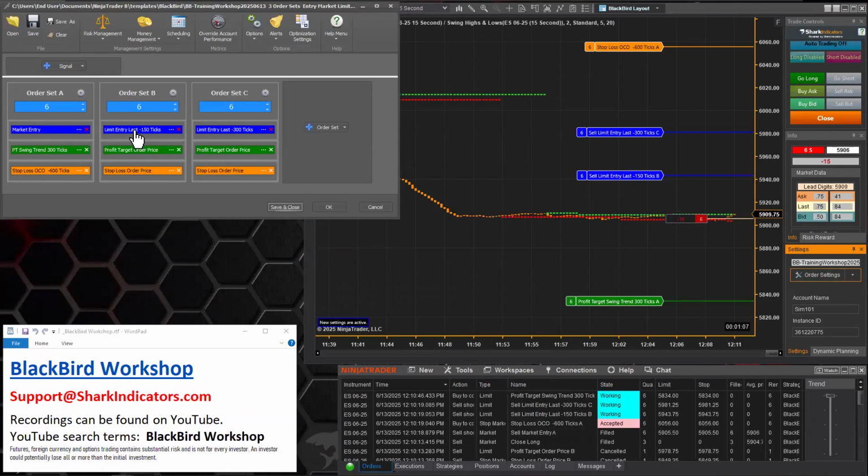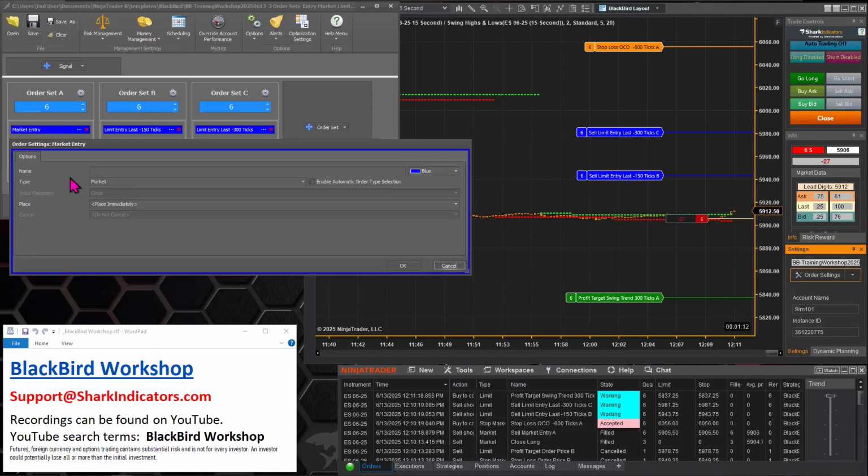Yeah, so if we wanted to perfectly make sure that these scale in limit orders are exactly 150 ticks or 37.5 points and 75 points, right? Perfectly offset from this first entry order here.